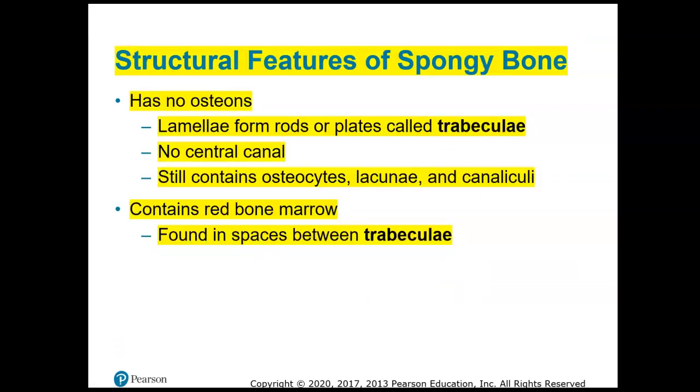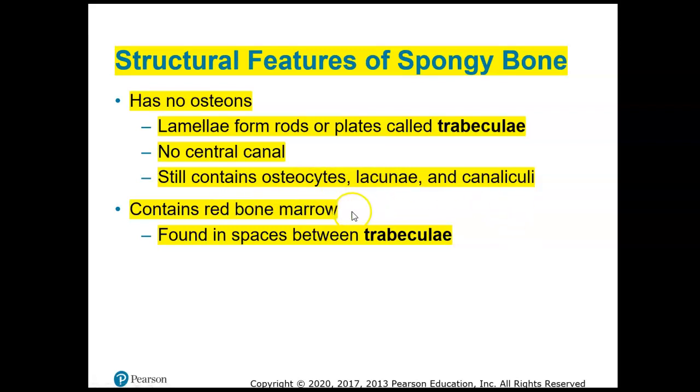All right, spongy bone does not have osteons. The rods and plates that form spongy bone are called trabeculae. They're still going to have osteocytes within pockets called lacunae. They're still going to have canaliculi because the osteocytes still have to have a way to get nutrients and oxygen.